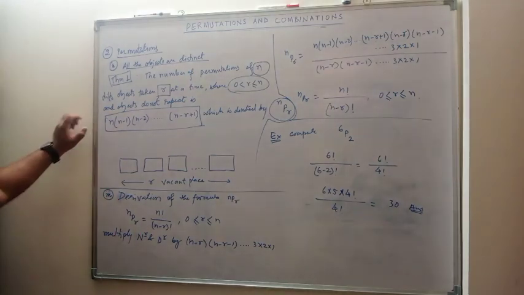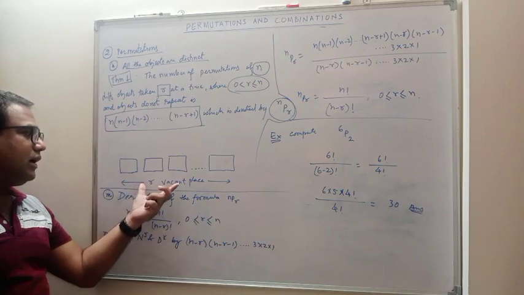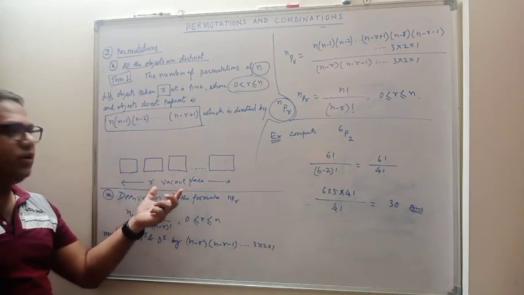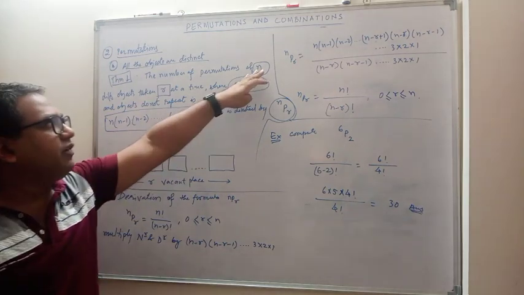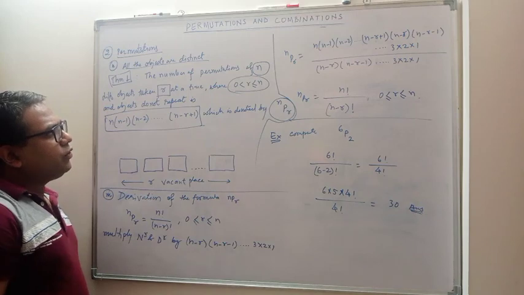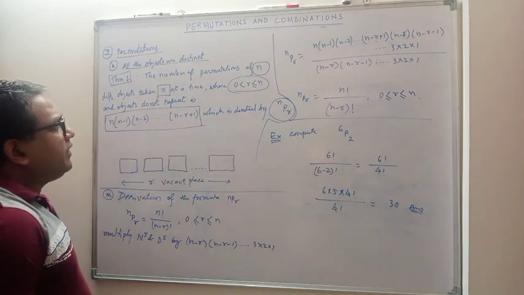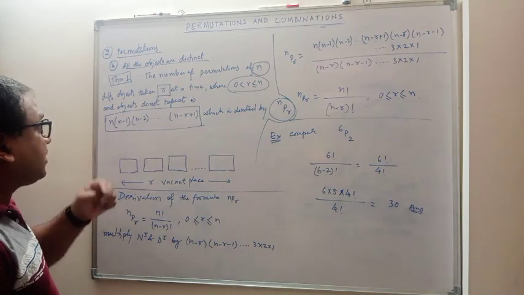So let us see, there are r vacant places, and the total number of permutations we have is of n different objects. I'll consider that as object or event, both are the same thing. So we have n different objects, and what we are finding is the permutation.